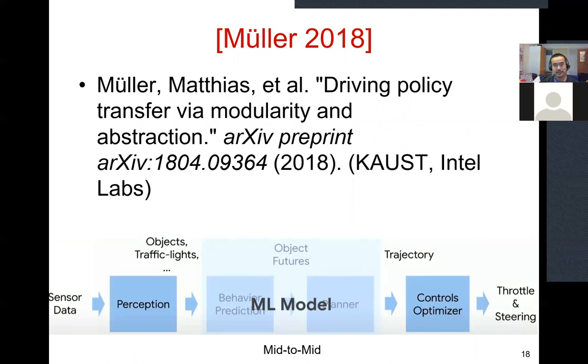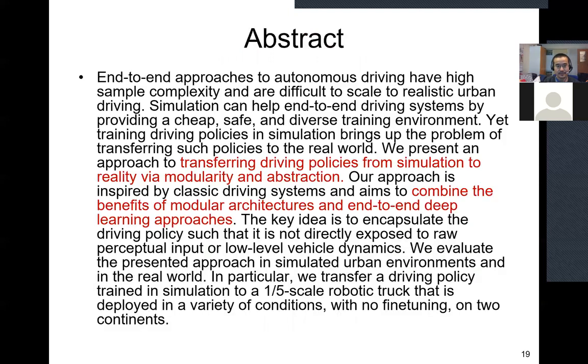So here's a paper from KAUST, a university in Saudi Arabia, and Intel Labs. It's classic. Specifically it focuses on modular architecture. End-to-end approaches have high sample complexity, meaning that they need a lot of training samples and are difficult to scale to realistic urban driving.